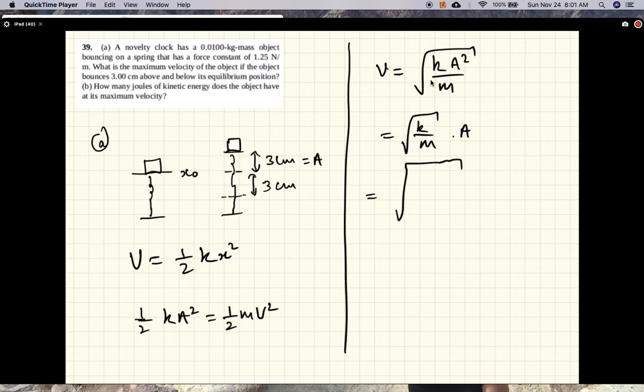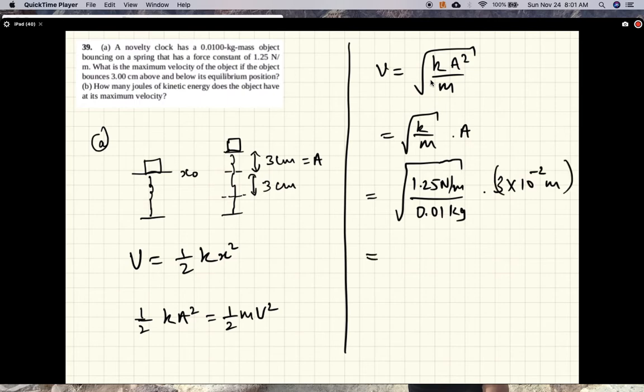Okay, 1.25 Newton per meter divided by 0.01 kg times the amplitude, which is 3 centimeters, that's 0.03 meters.